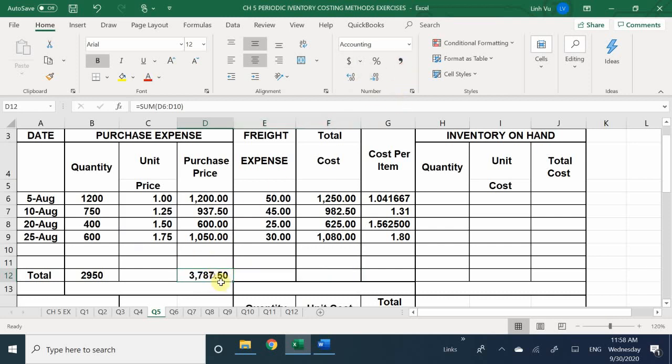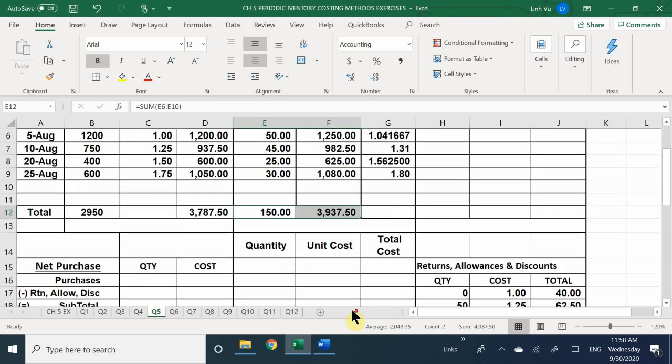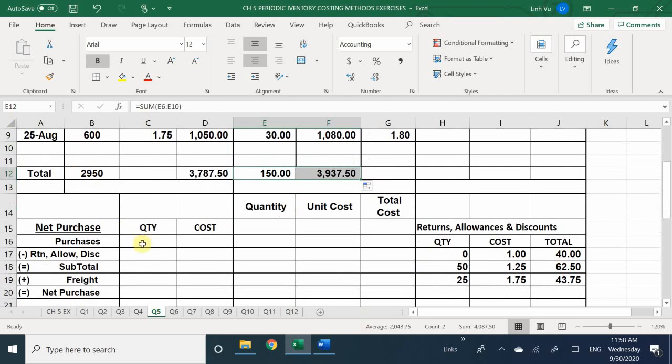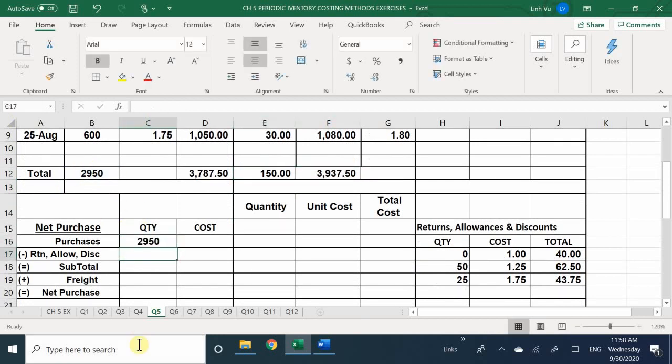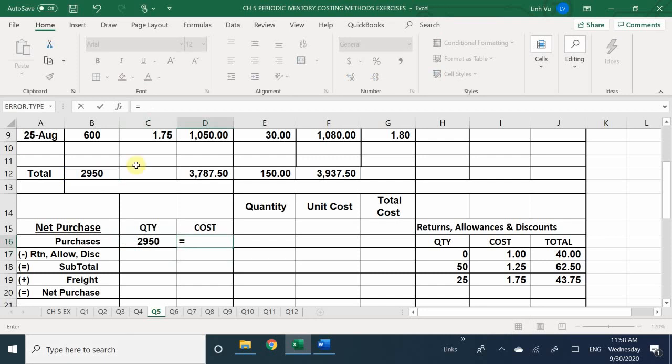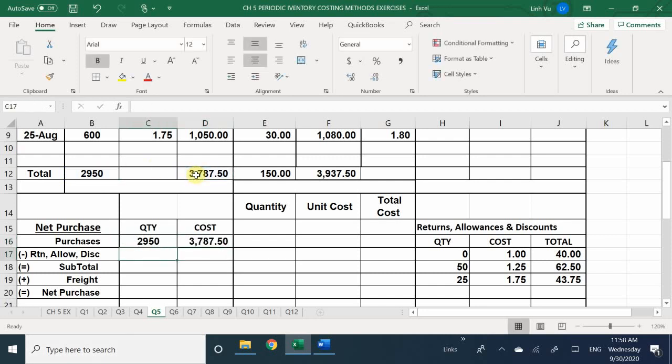My total freight is going to be $150, and my total cost is going to be $3,937.50. Okay. So I'm going to go ahead and apply my information right here. I bought a total of 2,950 items, which cost me a total of $3,787.50.